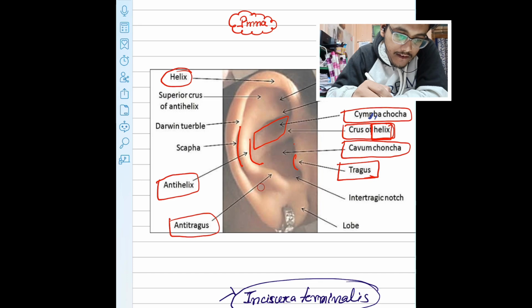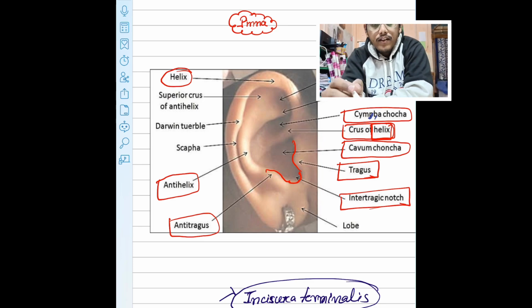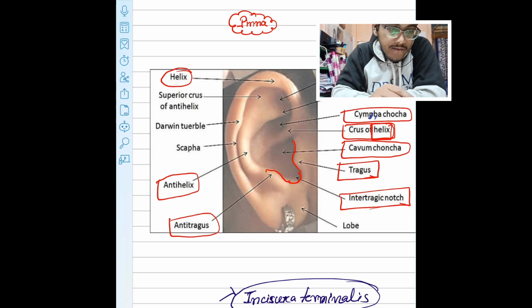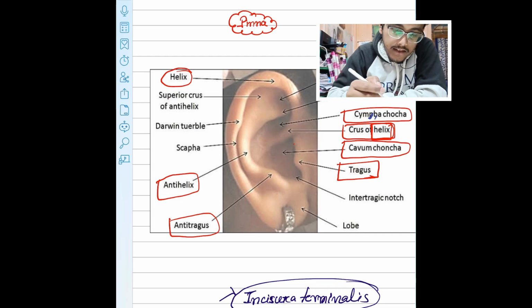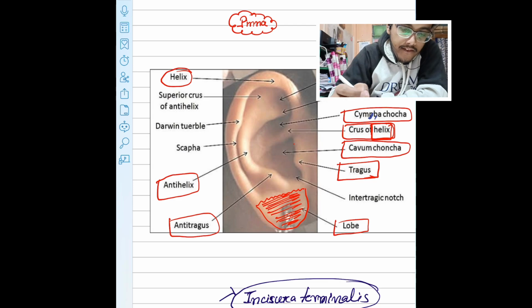Between the tragus and antitragus there is one notch called the intertragic notch. Now the last part, which is not cartilaginous, mainly fat is there. This part is our ear lobule.